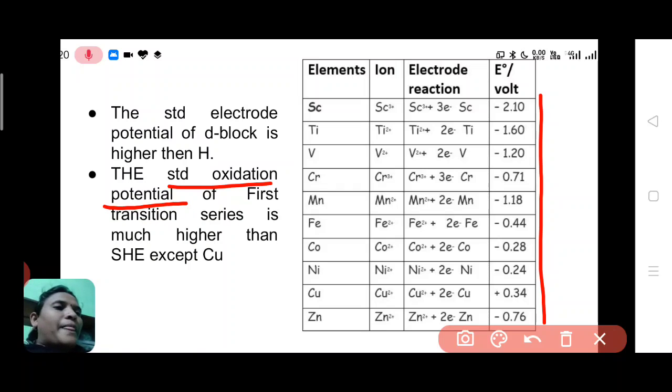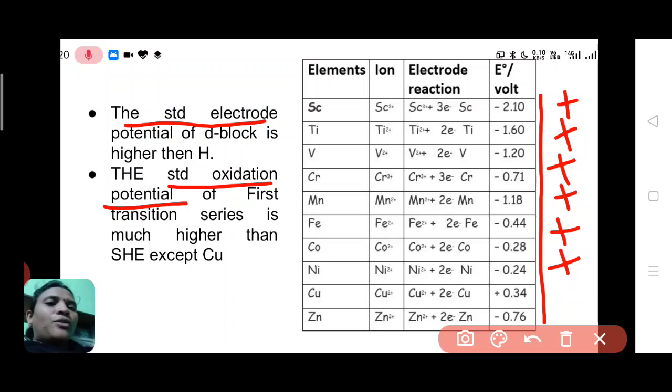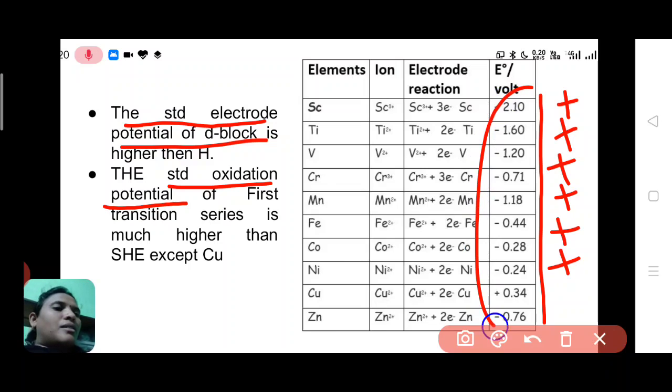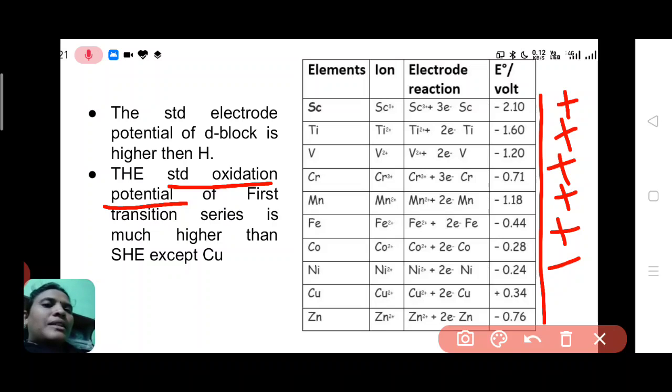So consider all these terms in positive sign. All the standard electrode potentials of d block elements are higher than hydrogen, so all these values are in positive sign, so we have to consider this statement: standard electrode potential of d block element is higher than hydrogen.